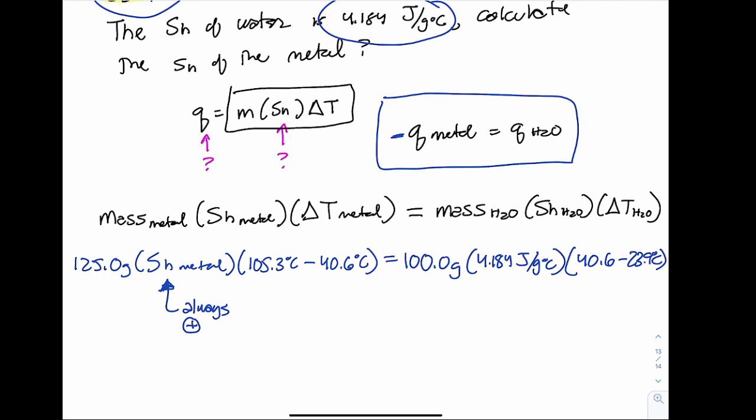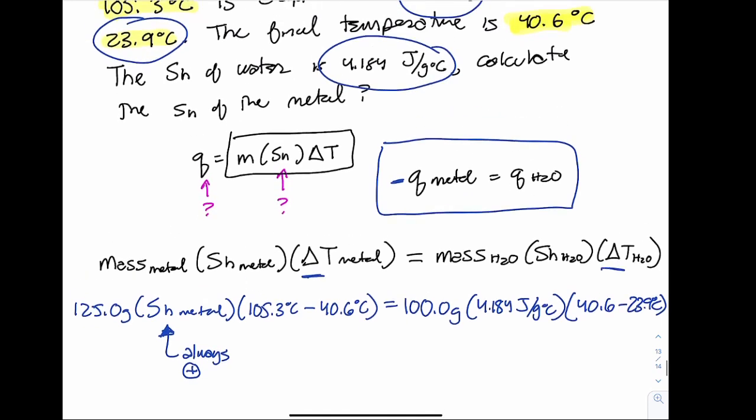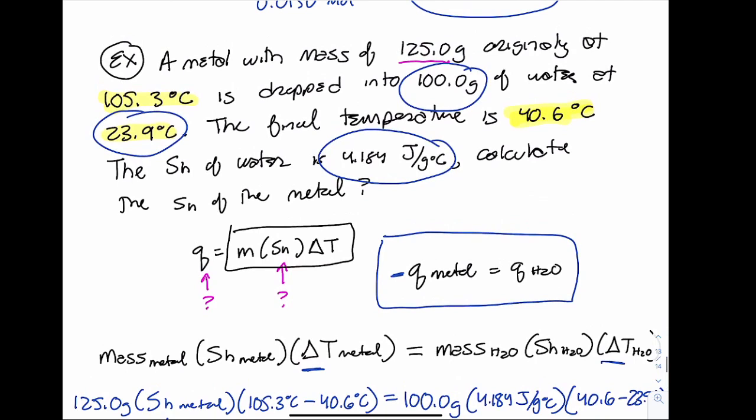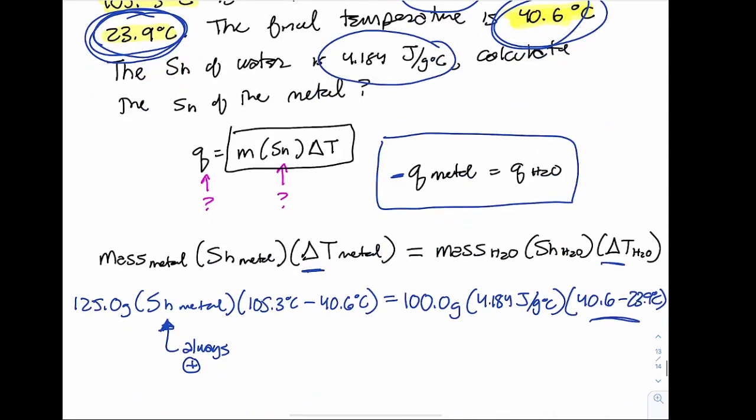I know that my temperature change is always final minus initial. And if I look at water, my initial temperature was this number, my final temperature was this number, so I do have this set up correctly. However, for my metal, this was actually my final and this was actually my initial.